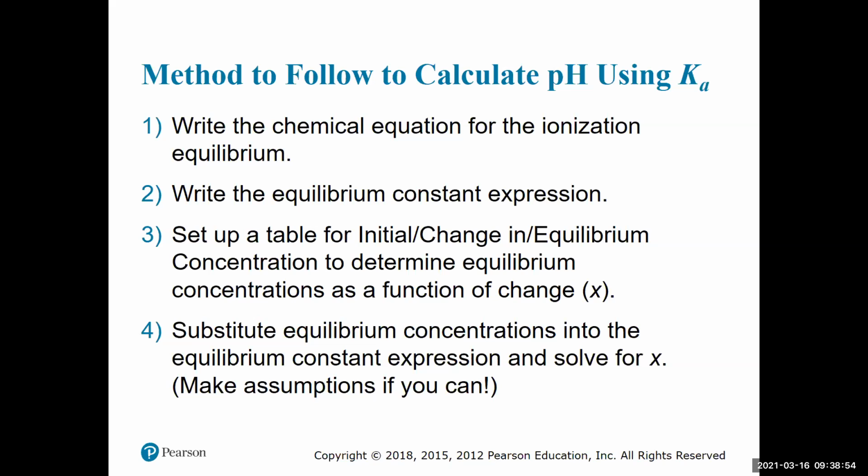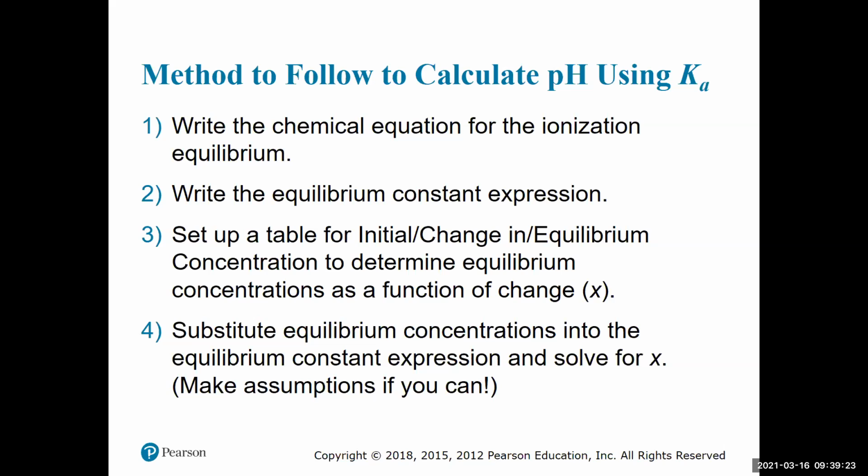Hopefully you're getting a feel for this, but we're talking about these different equilibrium expressions in terms of acids and bases. There are some subtle differences there, but fundamentally it's all the same thing, right? So the approach is going to be very similar. We want to write the chemical equation for the ionization equilibrium. Then we want to write that equilibrium constant expression.